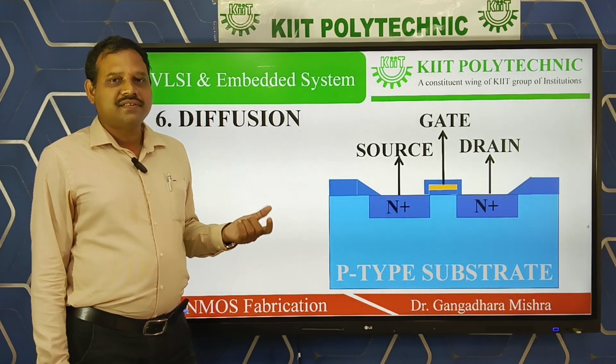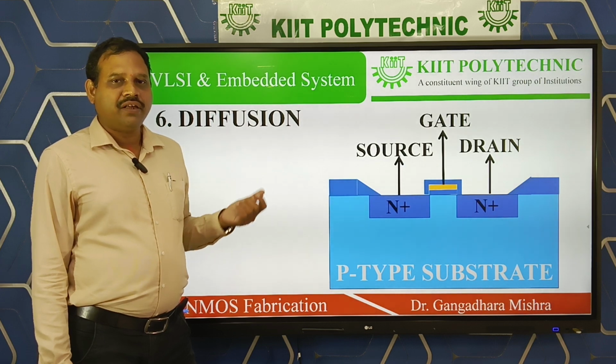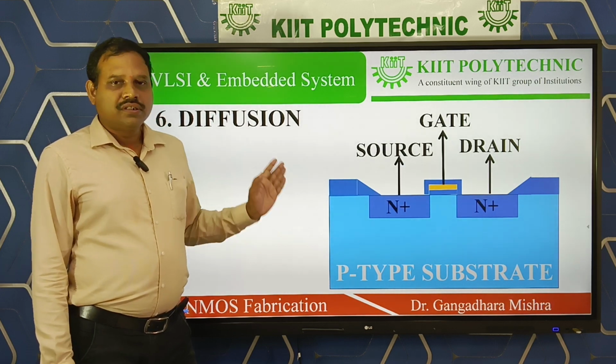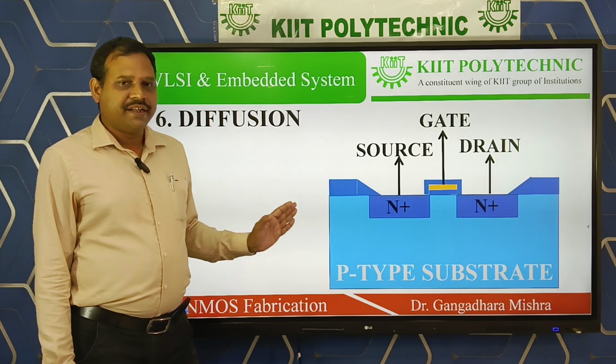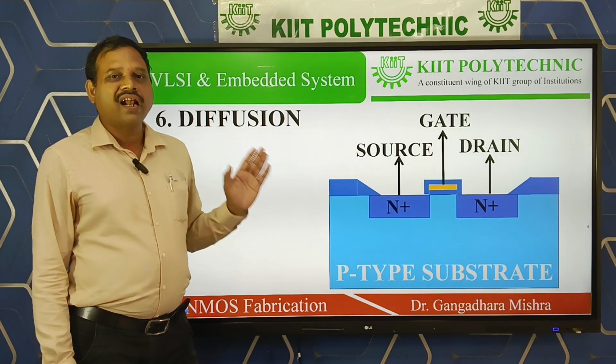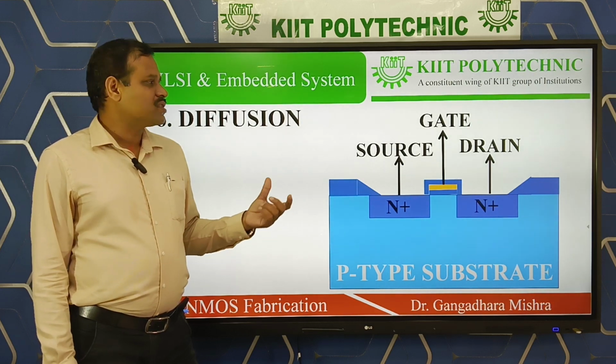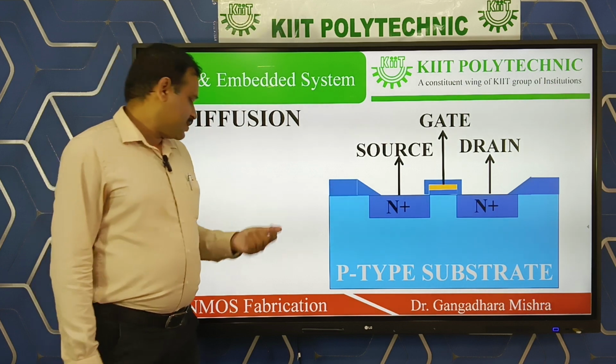These N plus regions are created by doping pentavalent impurities in that particular area, and we can see in this slide that the N plus regions created for source and drain are identical, so we can use those source and drain terminals interchangeably.